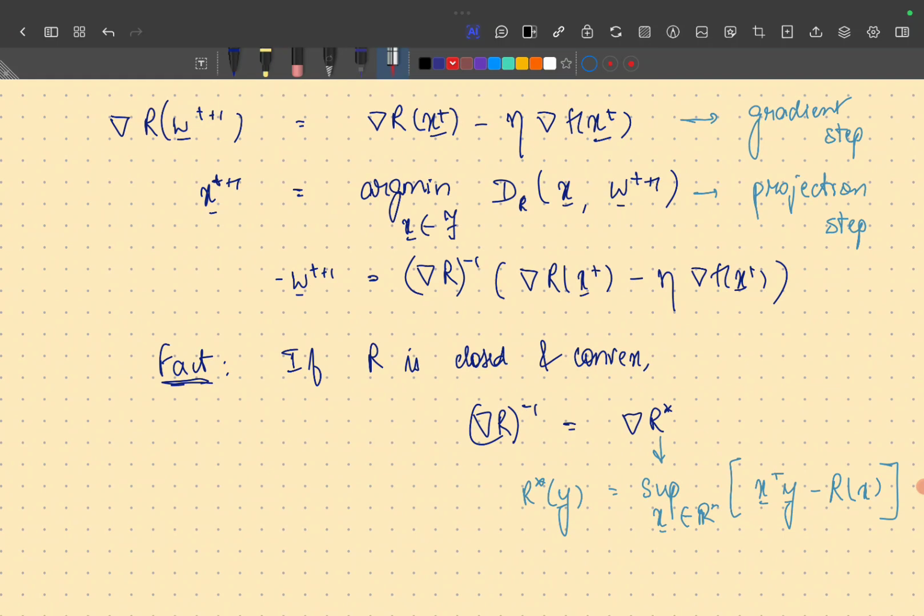This is not a linear operator, right? So it does not cancel. No, so this is not equal to x_t minus the gradient of r times that. Right? So this del r star is not a matrix. It's a function, could be some complicated looking function.